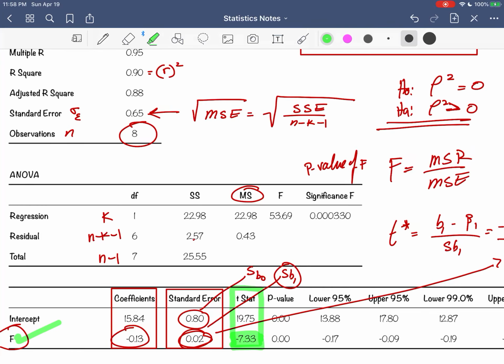So not only did we prove that the model is significant, but we also proved that the one variable used in the model is also significant. Both of these will always be in unison, meaning they will always give you the same result. If one rejects, the other rejects, and vice versa.